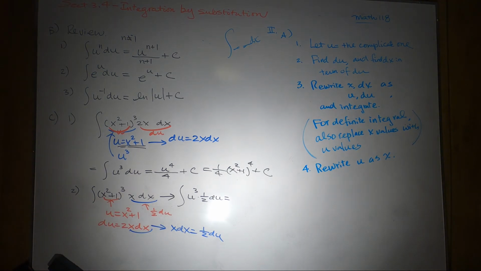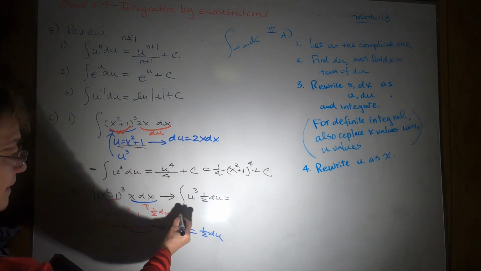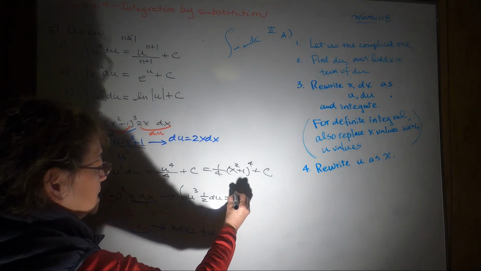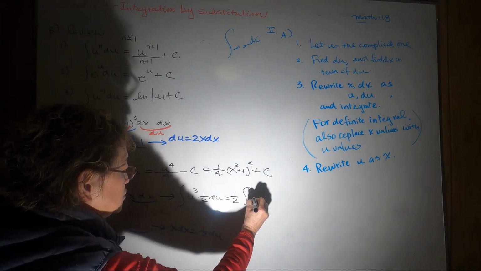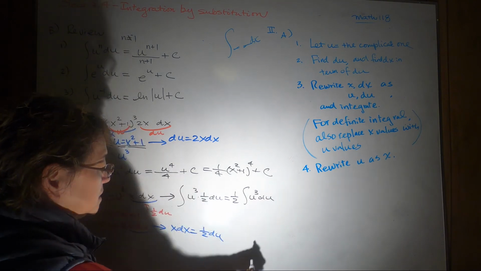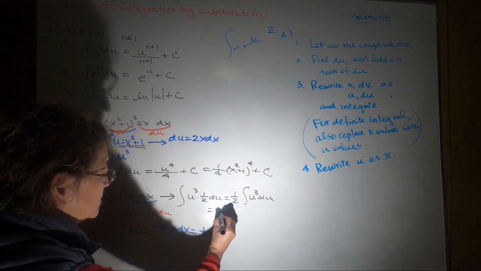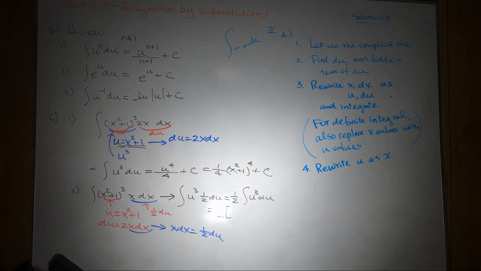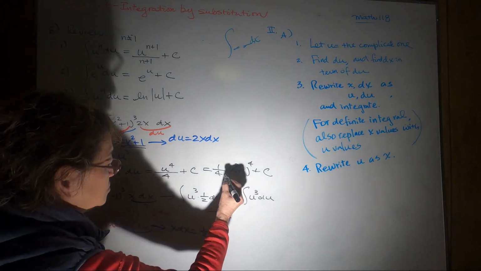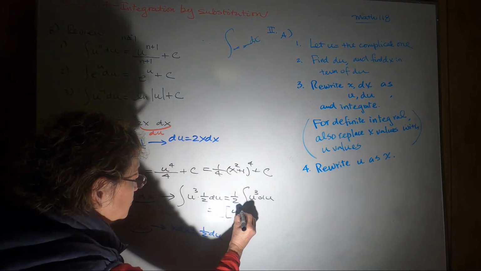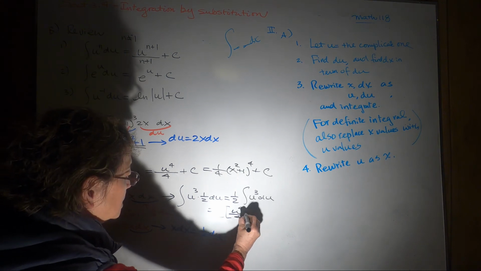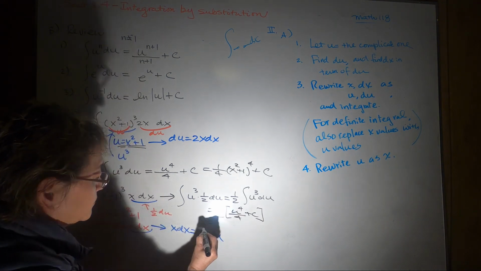Then you take the half out, then you integrate u cubed du, right? Then that will be half of, this one would be what? Same thing, u to the 4th over 4 plus c, right?